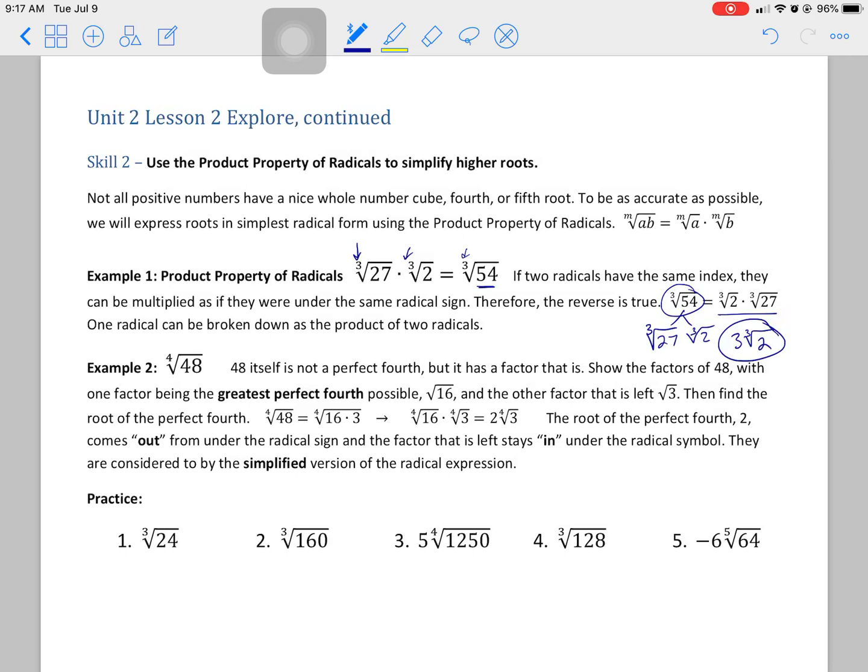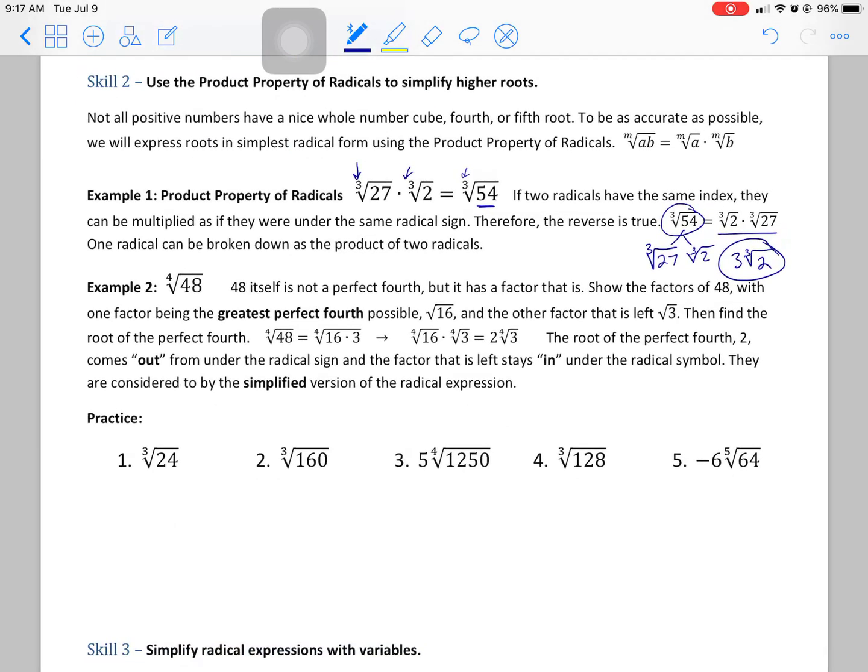I should really put that somewhere. But, okay. So here's another one, the fourth root of 48. The 48 itself is not a perfect fourth, but it has a factor that is. So the fourth root of 48, think of the list of fourths. 1, 16, 81. So I would try the 16.